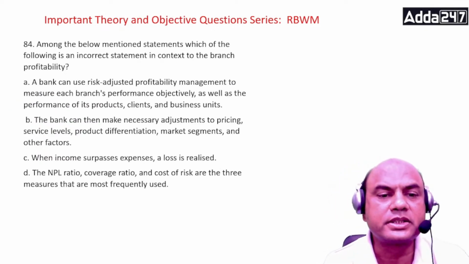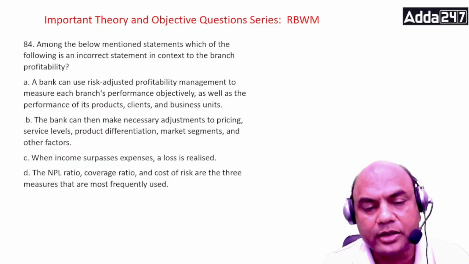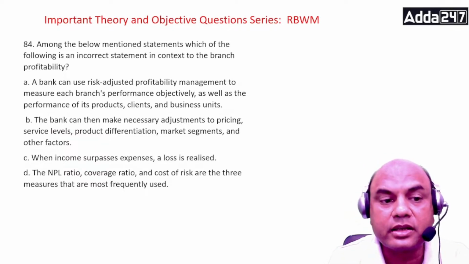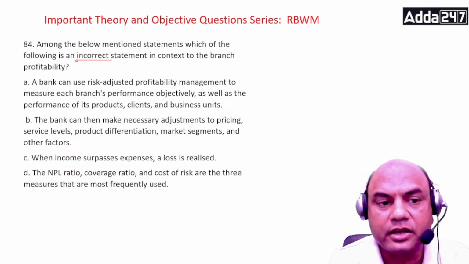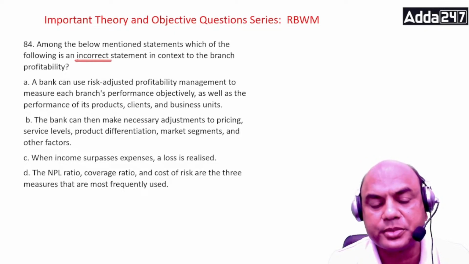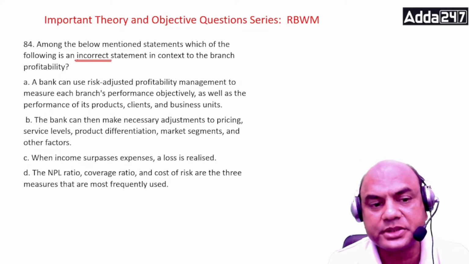Among the below mentioned statements, which of the following is an incorrect statement in the context of branch profitability? You want the incorrect one now. Focus on this. A bank can use risk-adjusted profitability management to measure each branch's performance objectively, as well as the performance of its products, clients, and business units.